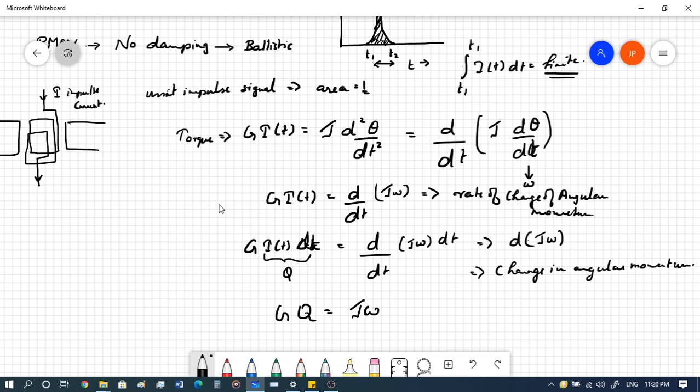J is the moment of inertia. So from here we can write that Q, the charge, can be expressed as J omega by G, or omega can be written as omega is equal to QG by J.